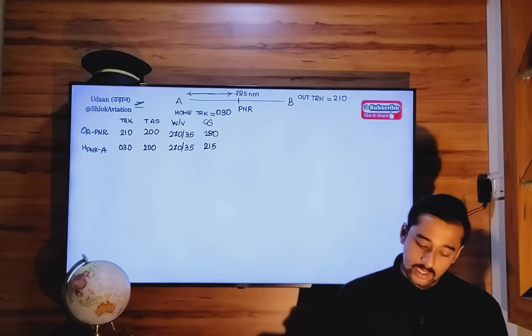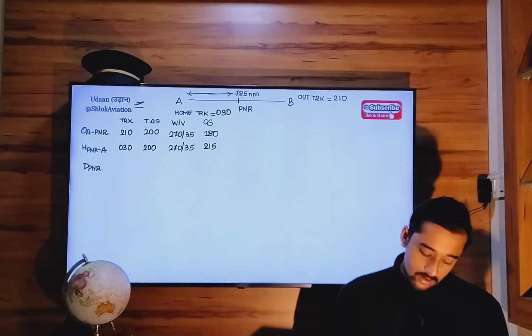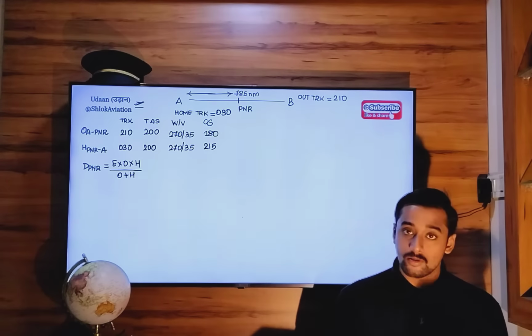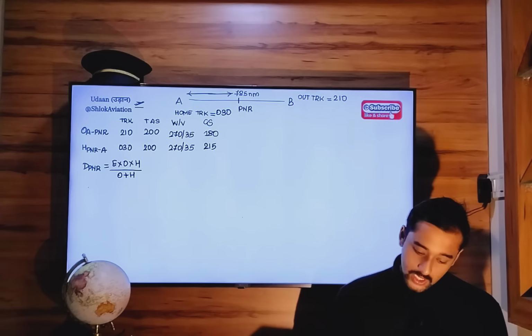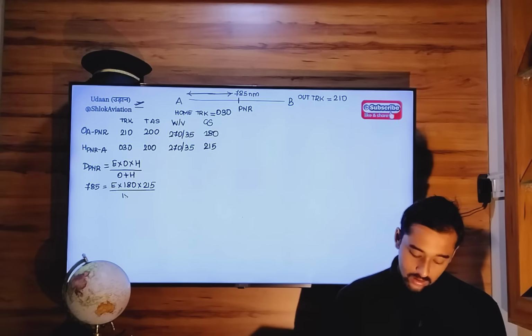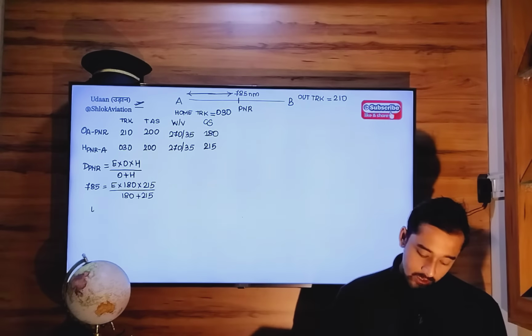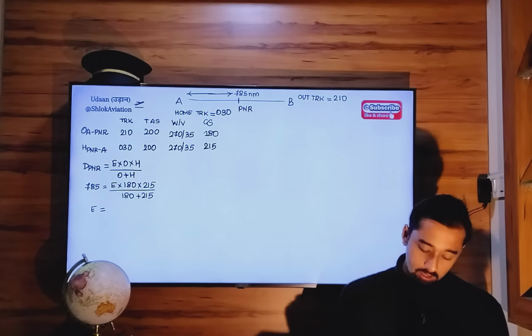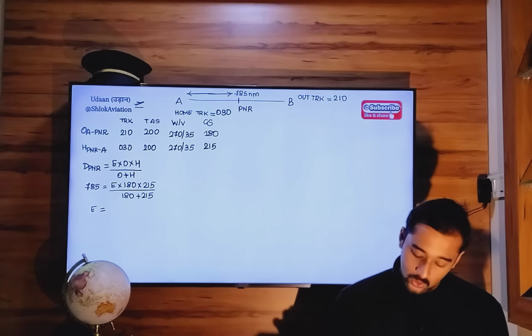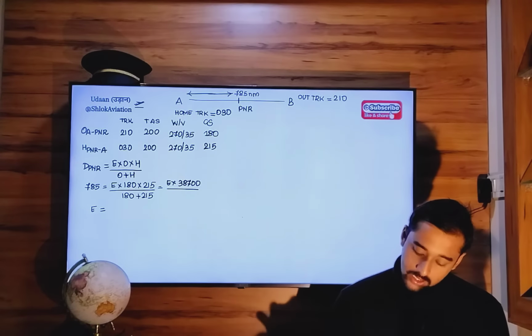Okay. Now we will use the distance to PNR formula: endurance into outbound into homebound divided by homebound plus outbound. So 785 equals endurance times 180 into 215, which is 38,700, divided by 180 plus 215, which is 395.